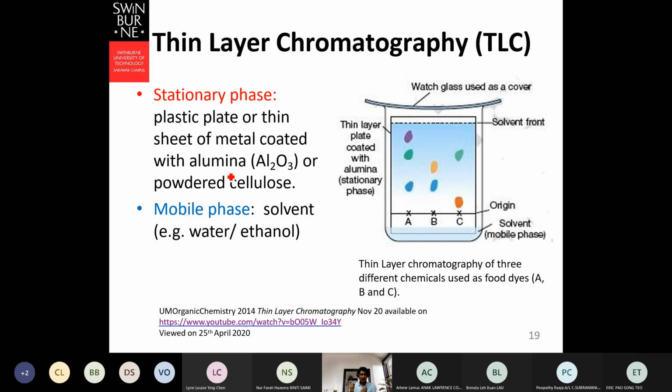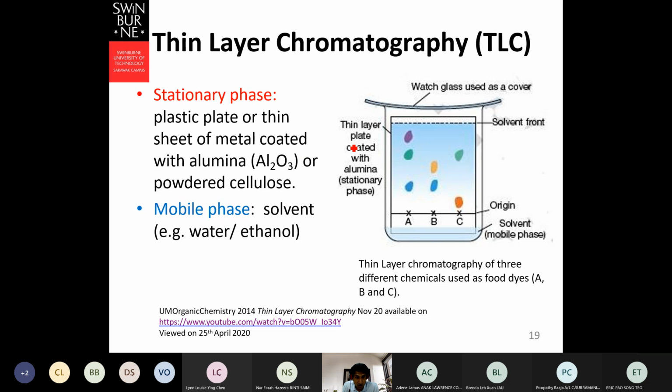You cannot even see it, but there will be a very thin layer of alumina or cellulose. And the mobile phase will be water or ethanol or anything. It works on the same principle, only it can be left for a few more longer time because it will not dissolve away in the liquid.